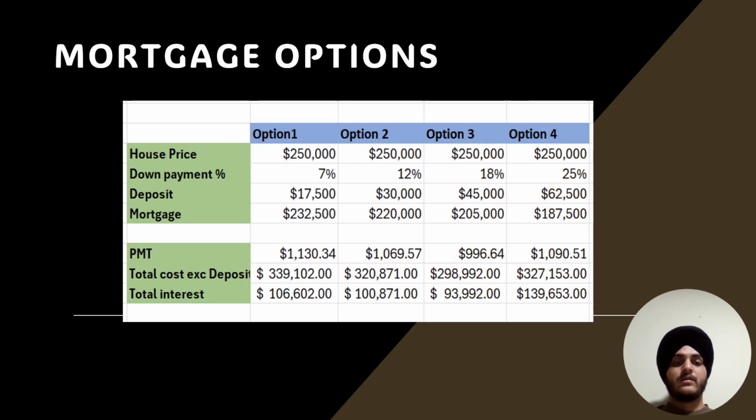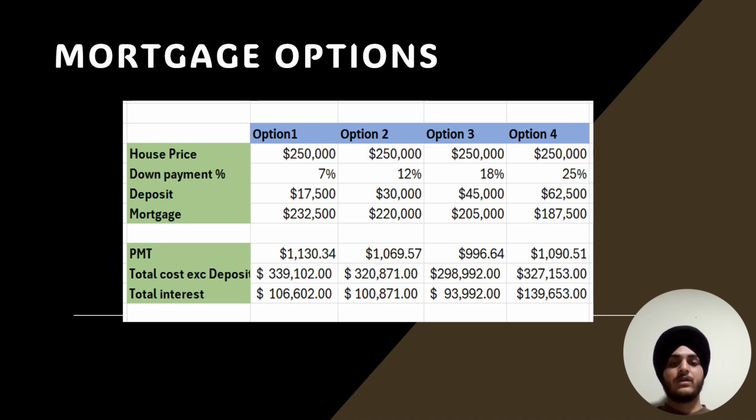So firstly, we'll look at the mortgage options that we have. For all the options, the house price would be $250,000, and the down payment percent for all the options would be different. For option 1 it would be 7%, followed by 12%, 18%, and 25%.